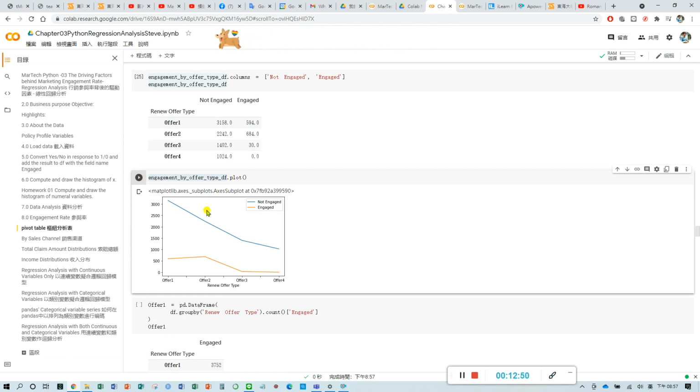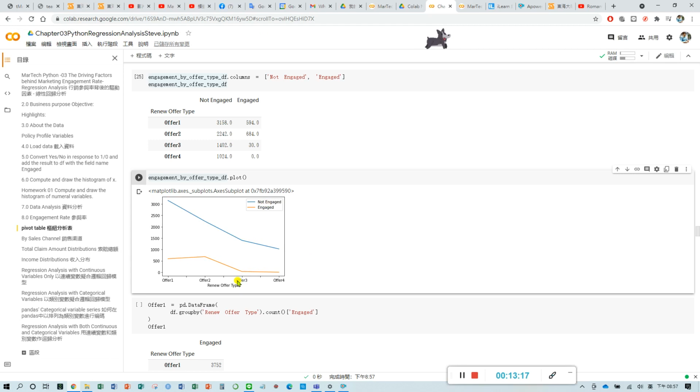It will automatically show the distribution, the lines for these two statements. The green and orange lines indicate the engaged statements. The blue line indicates not engaged.